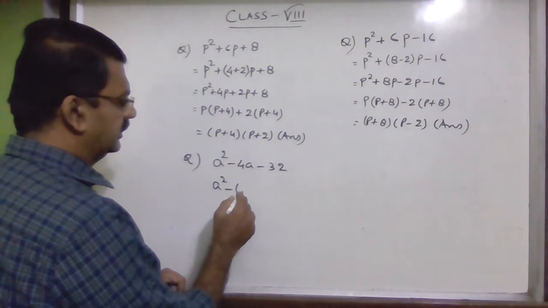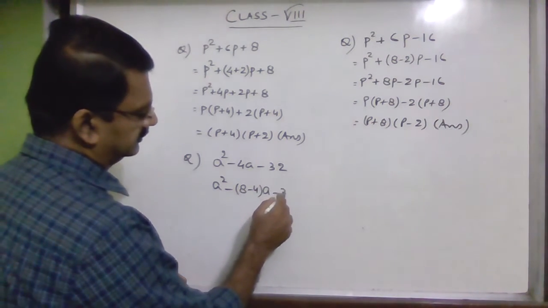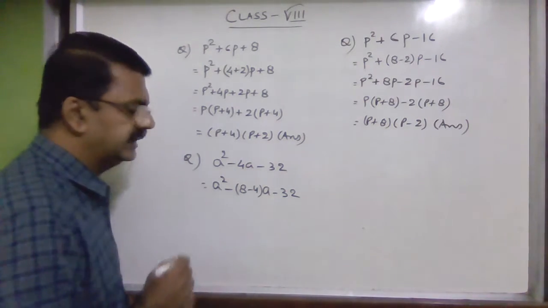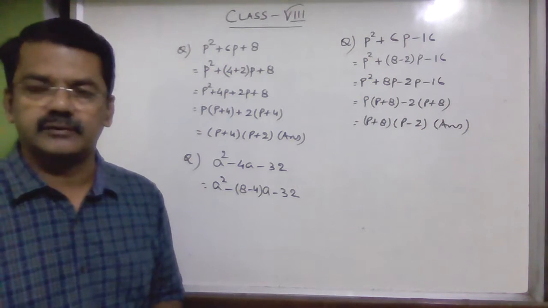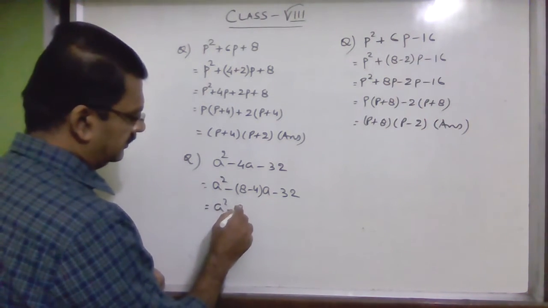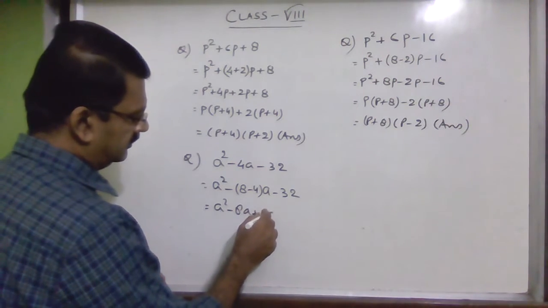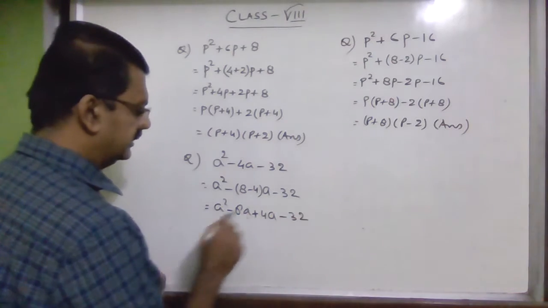So in place of 4 you write down 8 minus 4. The only change that I have made is that in place of 4 I have written 8 minus 4. Now you open the bracket like this.